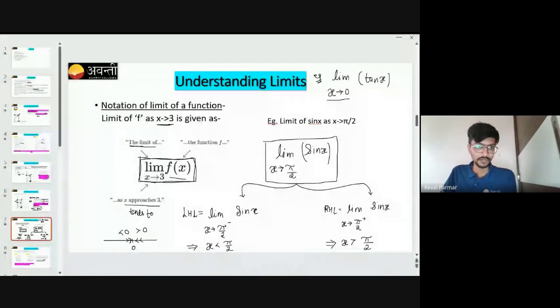The limit of the function f as x approaches 3. So limit of 10x as x approaches 0. I am more familiar with tends to than approaches, so it is fine. We can use tends to or approaches. So I hope this is clear now. Notation of limit. How do we write limit algebraically?